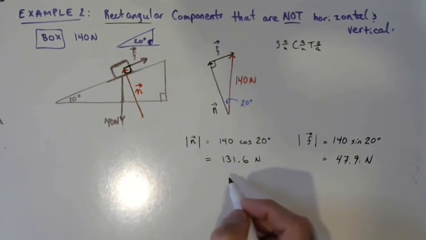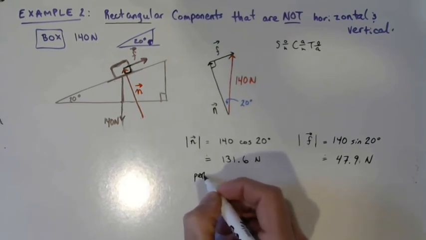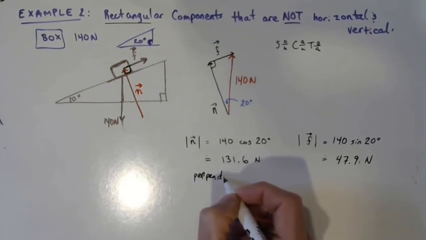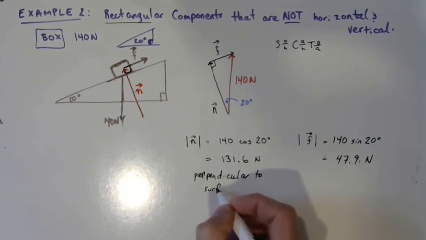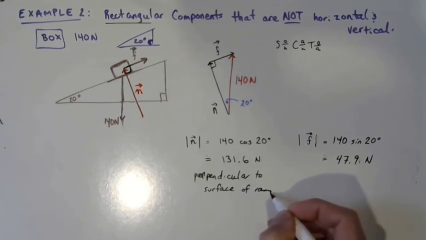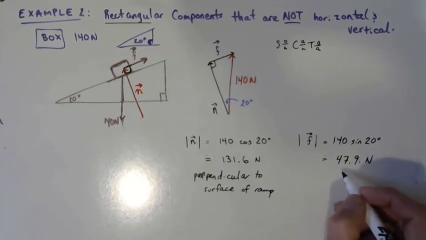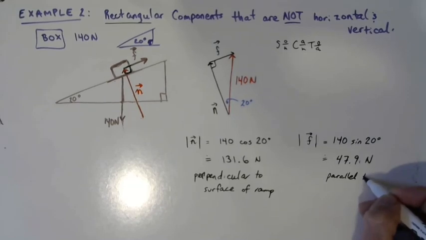So it's kept at rest by a force of 131.6 newtons perpendicular to surface of ramp, and 47.9 newtons friction parallel to surface of ramp.